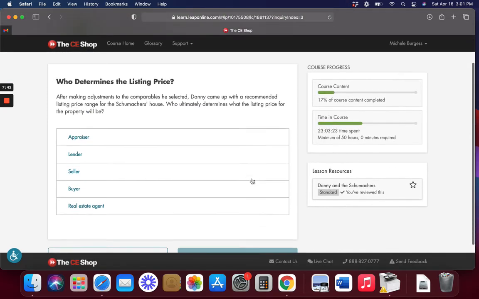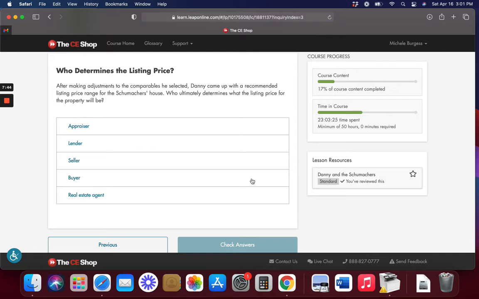All right, who determines the listing price? In my opinion, it's the market, but let's see. After making adjustments to the comparables, Danny came up with a recommended listing price for the house. Who ultimately determines what listing price for the property will be? My opinion is whatever the buyer is willing to pay.